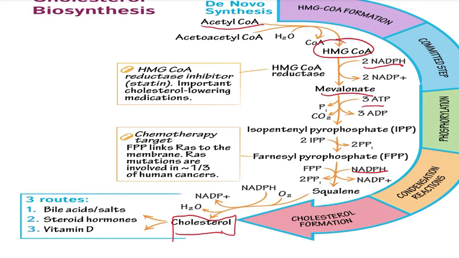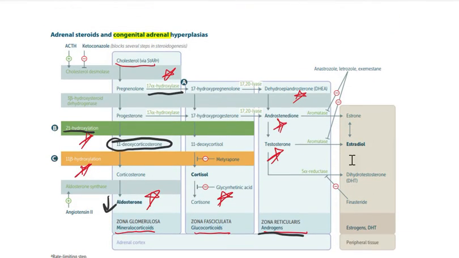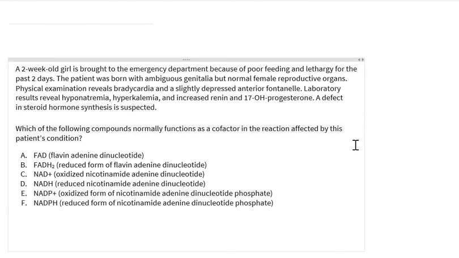And if we remember from our congenital adrenal hyperplasias, cholesterol is the precursor molecule to the hormones produced by the adrenal gland. And remember that these three layers represent the adrenal cortex, whereas the medulla produces catecholamines like norepinephrine and epinephrine. So now that we understand congenital adrenal hyperplasias, the HMP shunt, and cholesterol synthesis, let's go back to the vignette.